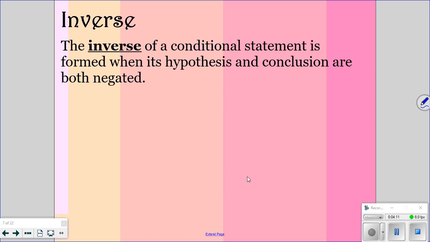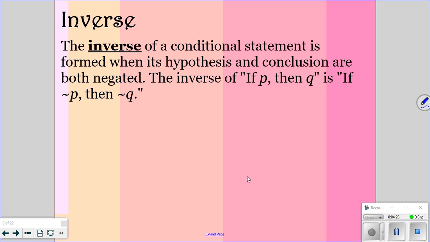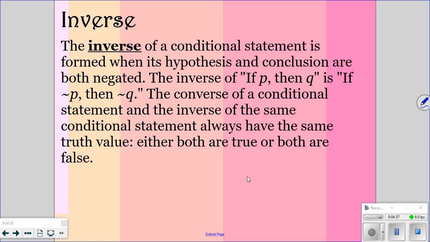So the inverse of your conditional statement is formed whenever you negate your hypothesis and conclusion. So that's why we need to know how to negate hypotheses and conclusions. So the inverse of P then Q is if not P, then not Q. The converse of a conditional statement and the inverse of the conditional statement always have the same truth value.